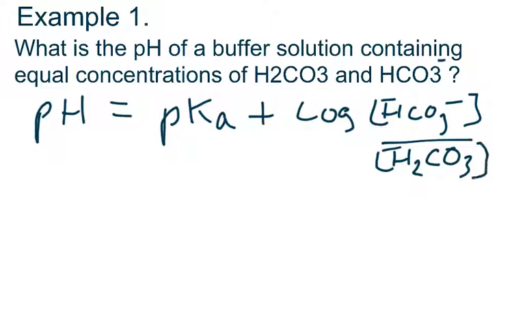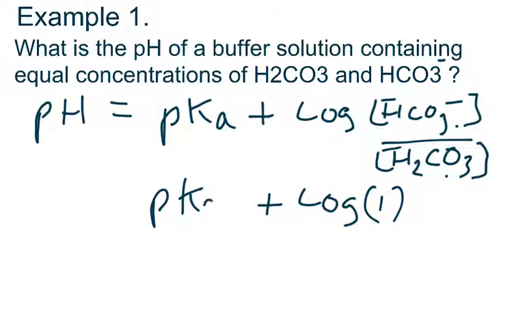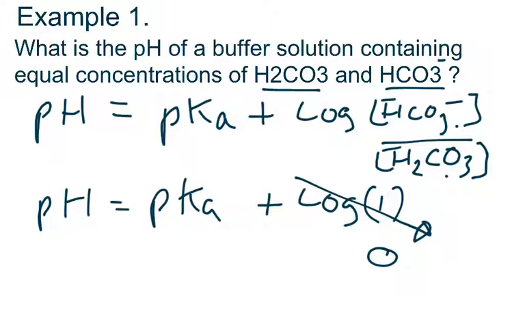Now, if these concentrations, the HCO3 minus and the H2CO3, are equal, you will essentially get the log of 1. And from math experience, the log of 1 always equals 0. So what this problem is showing is that anytime you have equal concentrations of the acid and the conjugate base, the pH will be equal to the pKa.